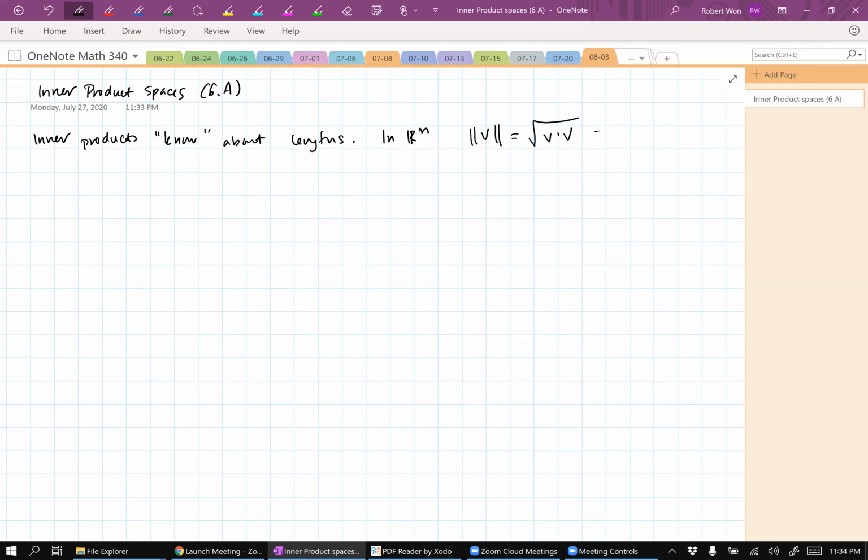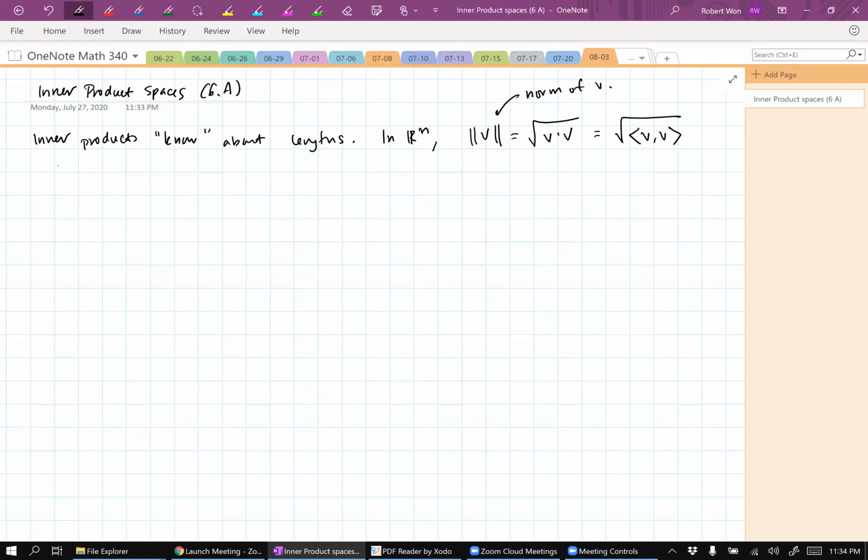Gives you the same thing, which in our new inner product language is the square root of the inner product of the vector v with itself. And this was the thing we called the norm of v in any inner product space. So the middle part with the dot product, that's in Rn, but if you ignore the dot product in the middle, this applies in any inner product space.